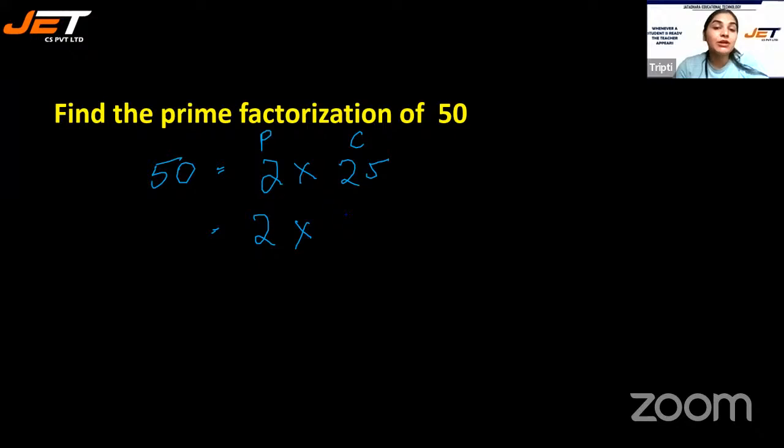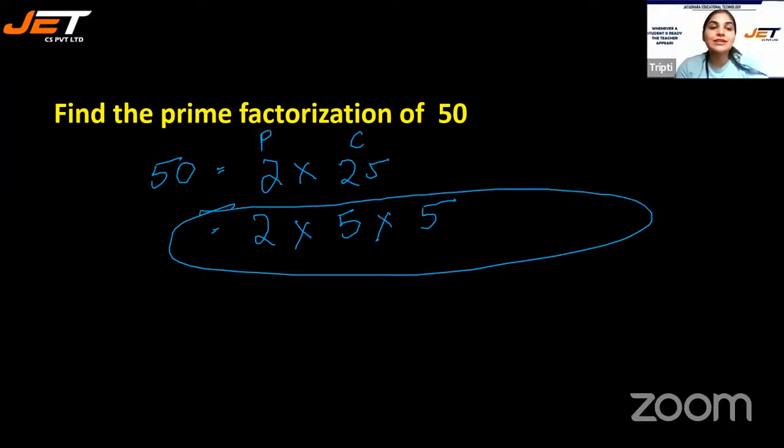But yes, it's in the table of 5. 5 times 5 is 25. So we can say that the prime factorization of 50 is 2 times 5 times 5. If you check, 2 times 5 is 10, 10 times 5 is 50. This is the prime factorization of number 50.